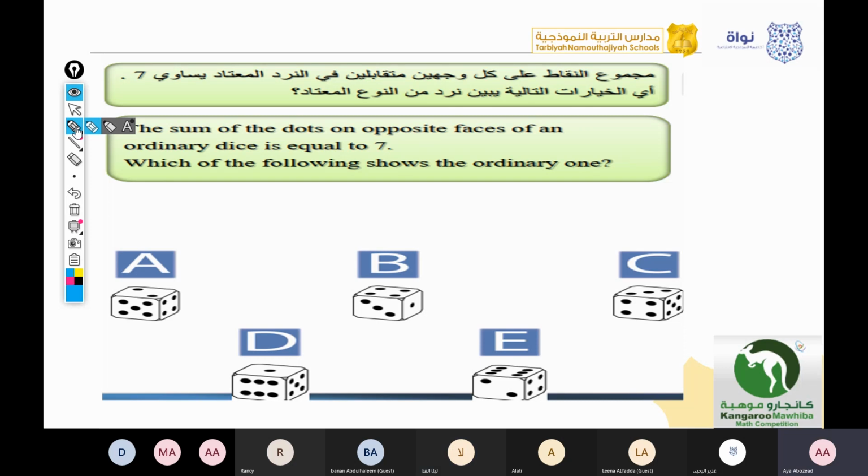So now, if the total between each opposite faces equals 7, which one of them is the ordinary one? Only one is true. Let's think. I'm waiting in your chat box, and after all of you solve it, I will say the true answer, and also I will explain.